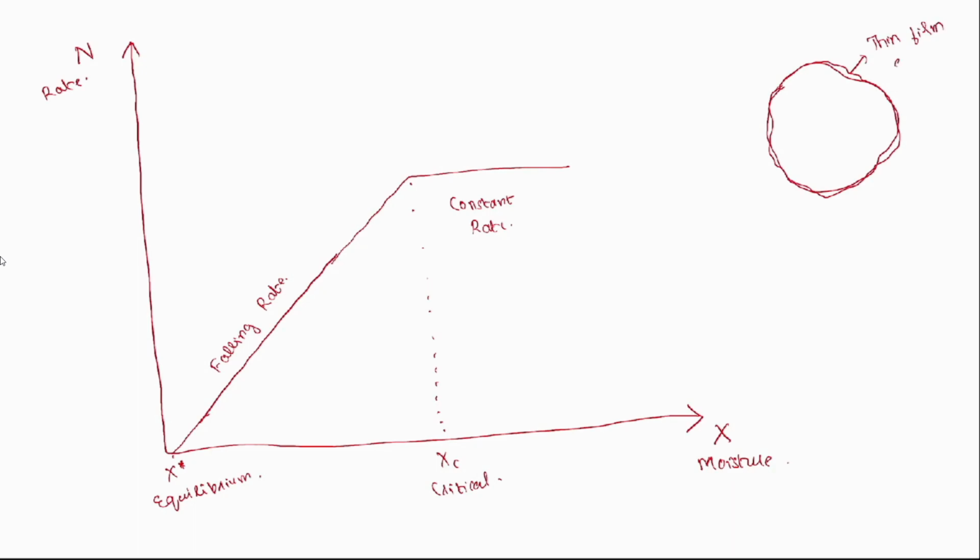So let's take a wet solid, and we'll have a very thin film of water present on the surface of this wet solid. That thin film of water will get removed in the constant drying rate regime. So mostly a surface phenomenon happens in the constant rate regime, or we term this as the unbound moisture.